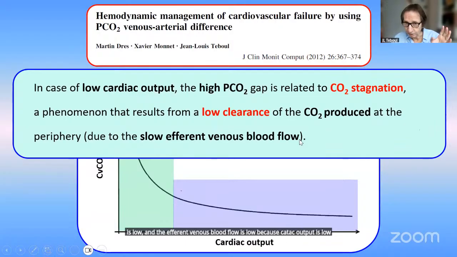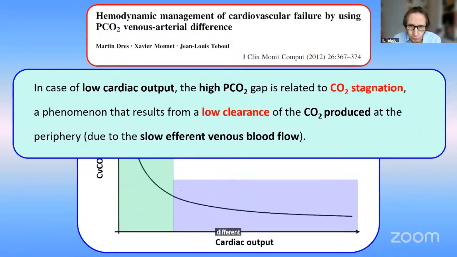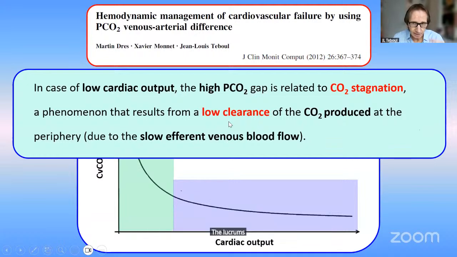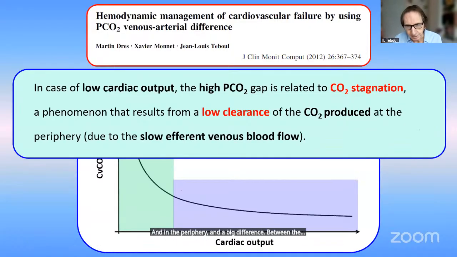You know that efferent venous blood flow equals cardiac output. So because there is a low efferent venous blood flow, a low clearance of CO2, there is stagnation of CO2 in the periphery, and a big difference between the PaCO2 and PvCO2.